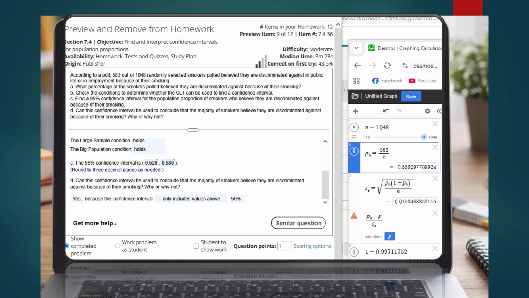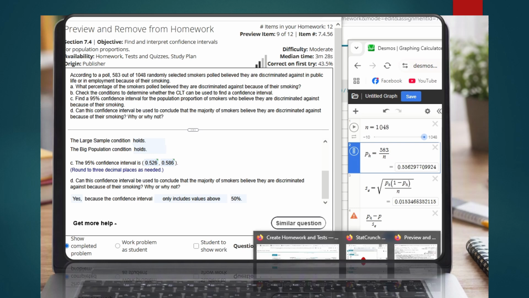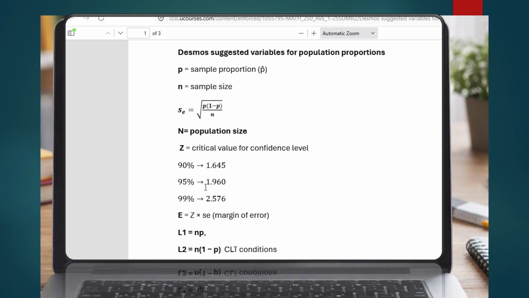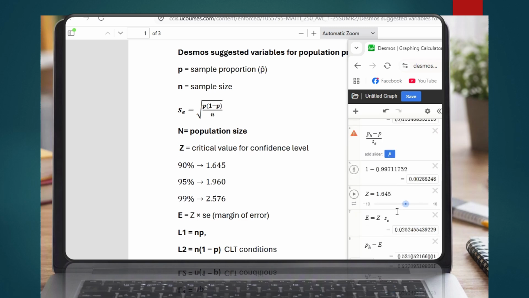Let me try to bring up the wonderful page that I've been talking about a lot. It said 95, so what we're looking to do is make this z 1.960, because we're doing a 95% confidence interval.